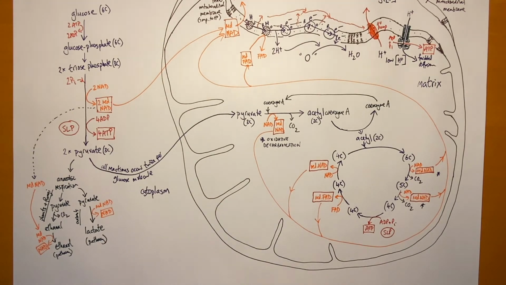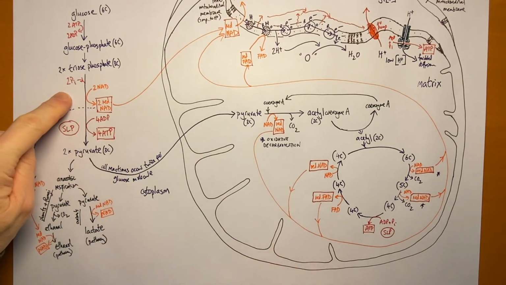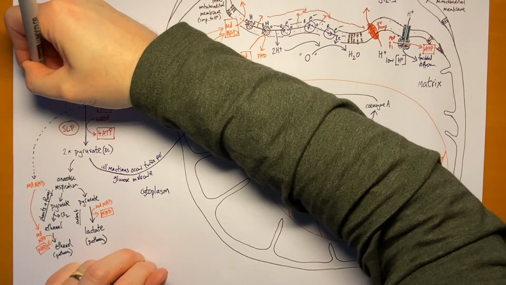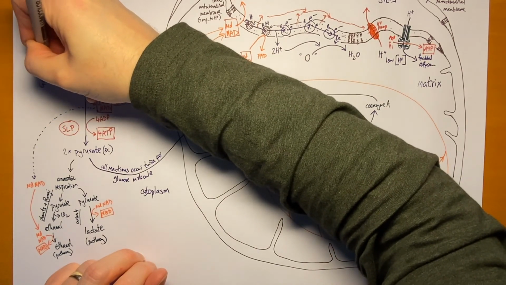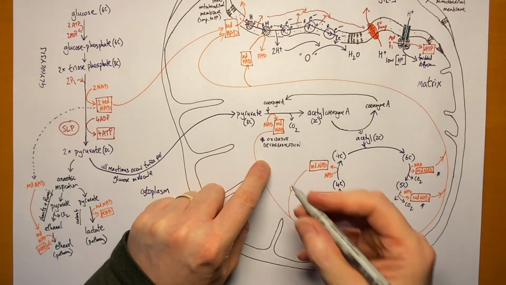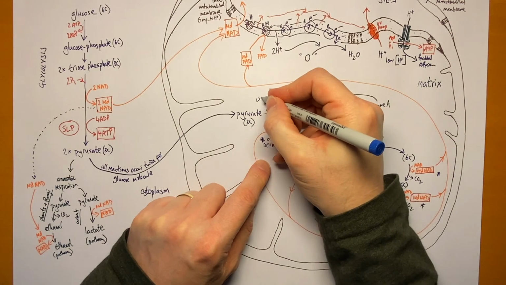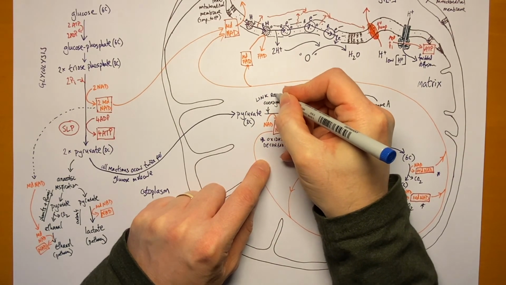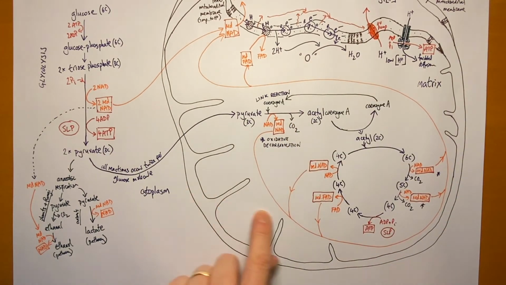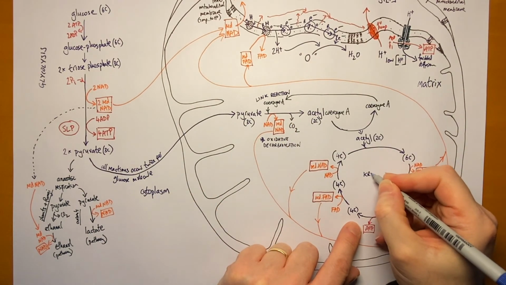So that is the whole process of respiration. And so the different parts we have got here: glycolysis, here we've got the link reaction, which is in the matrix of the mitochondria. Here we've got Krebs cycle.